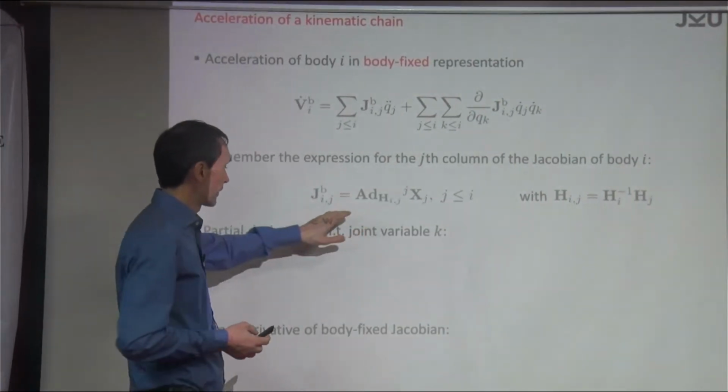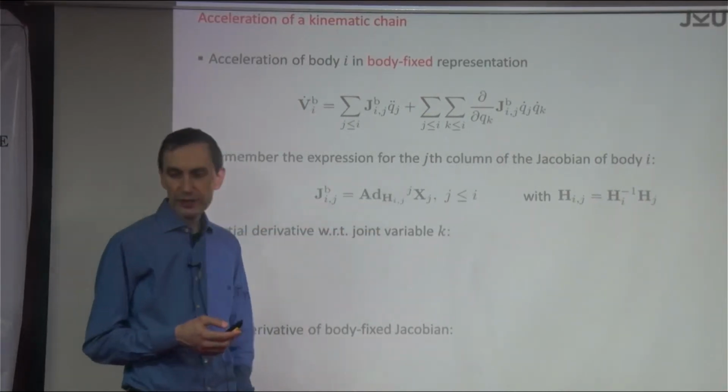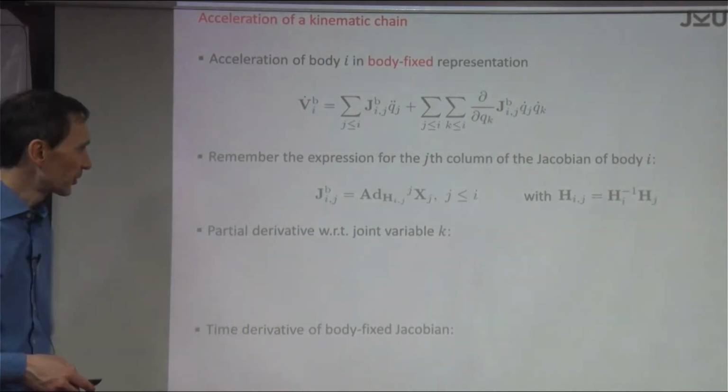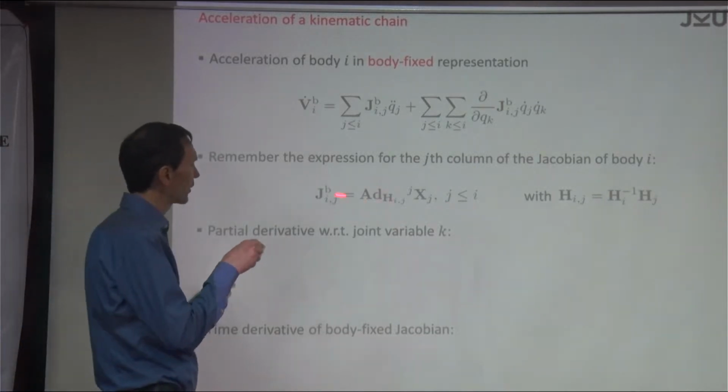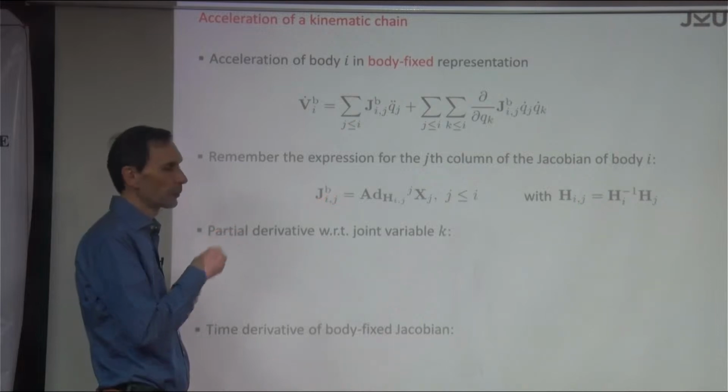And exactly. Remember what we had yesterday: how do we define, or what was the result for, column J of our Jacobian of body I?